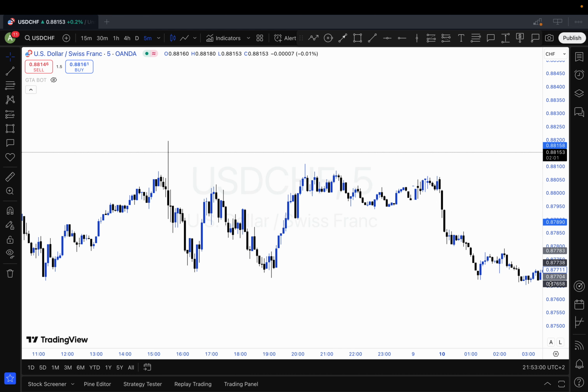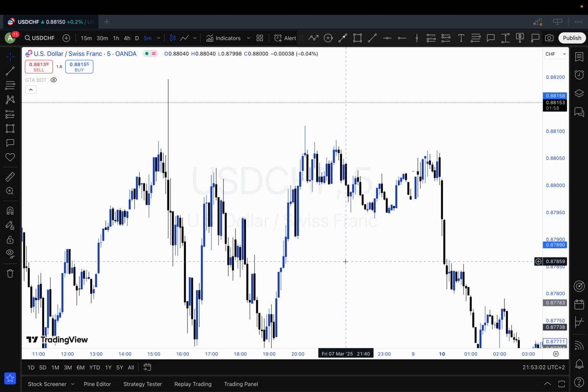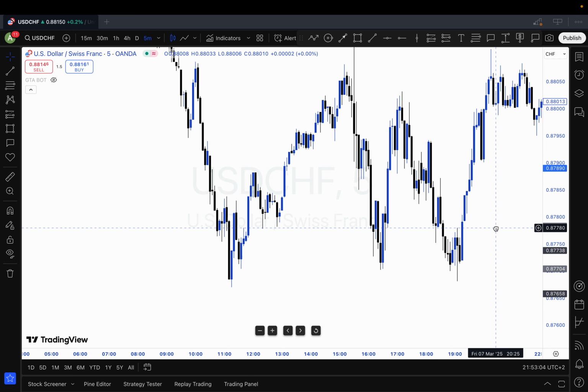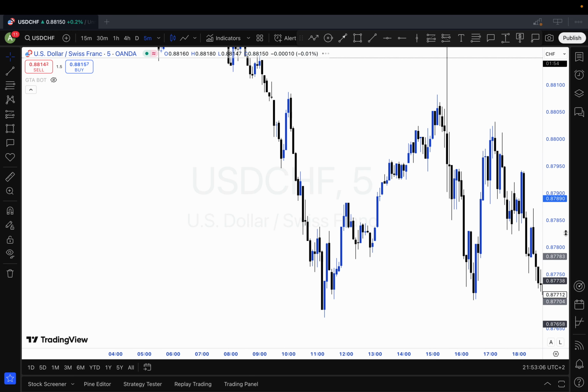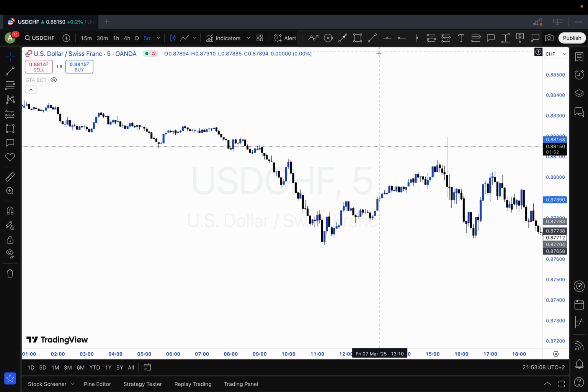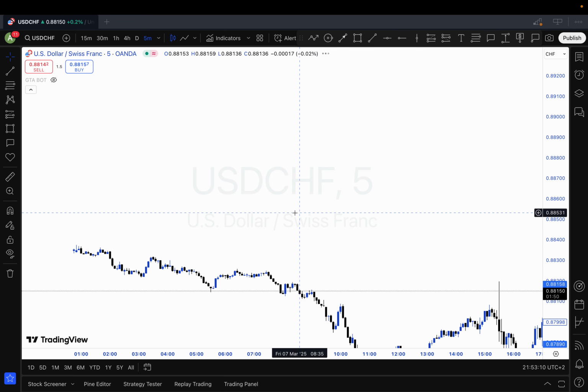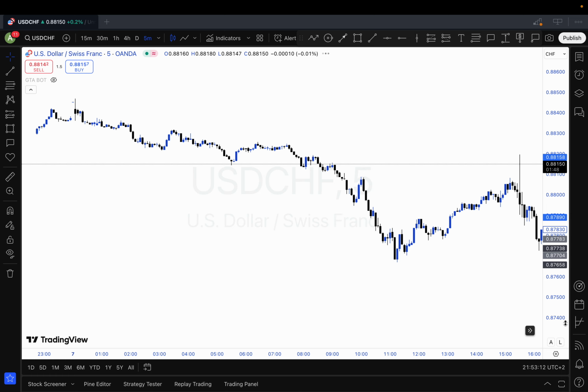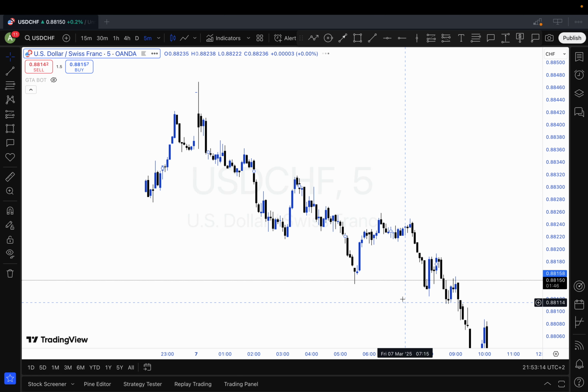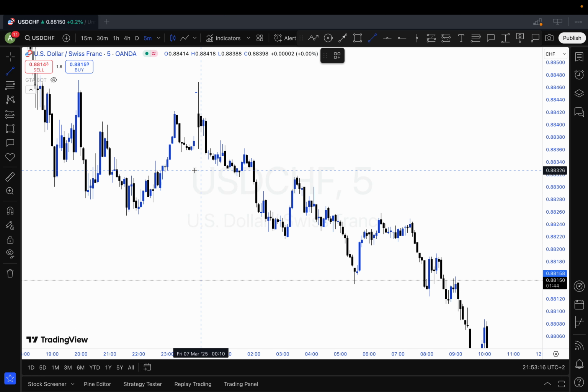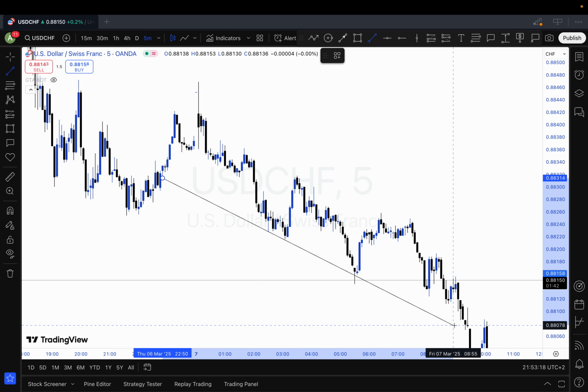So the last thing that I said we are going to learn tonight is what we call a fake out. What is a fake out? It's when you think the market is going to break above a resistance or a support, but then it ends up not doing so.